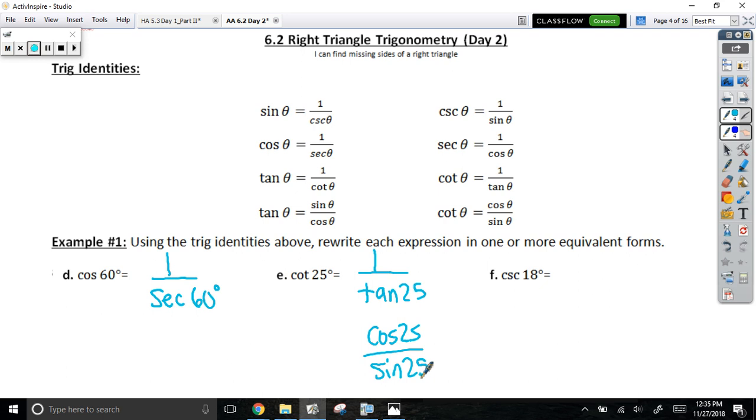Tangents and cotangents will have 2 equivalent forms. And cosecant of 18, Jenna? 1 over sine. Perfect. So literally, if you think this is easy, the back is basically the same thing. There's just going to be more going on. There'll be more than one term, and you'll have to figure out which one to rewrite.